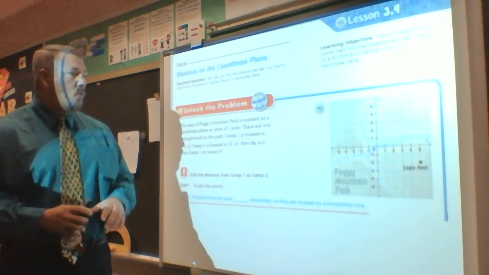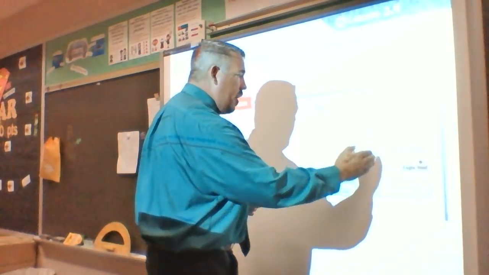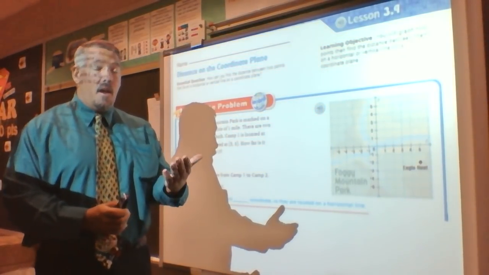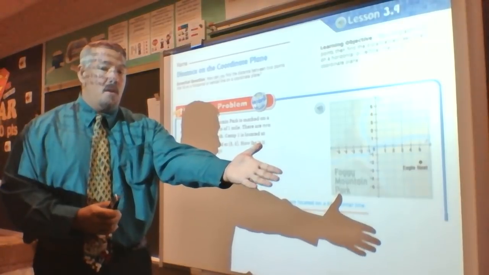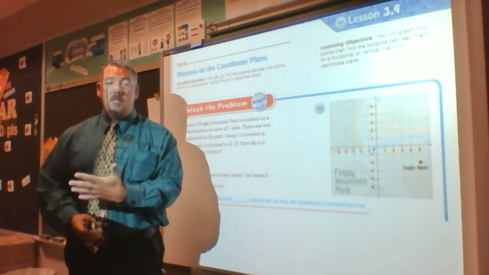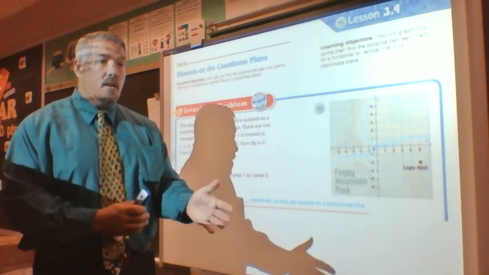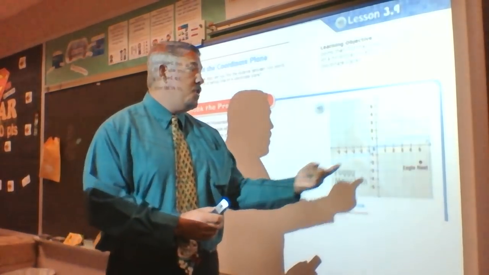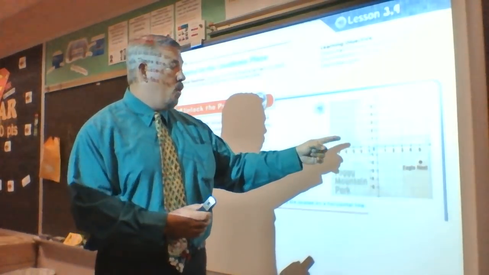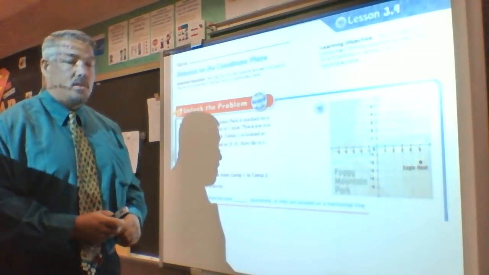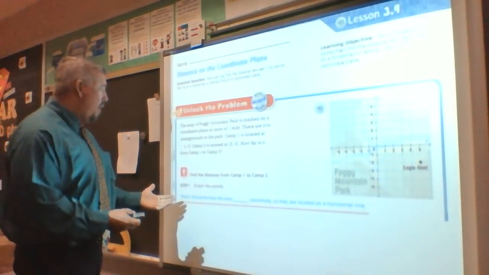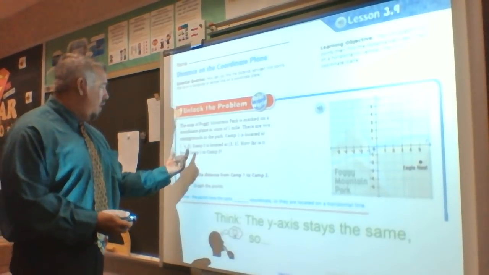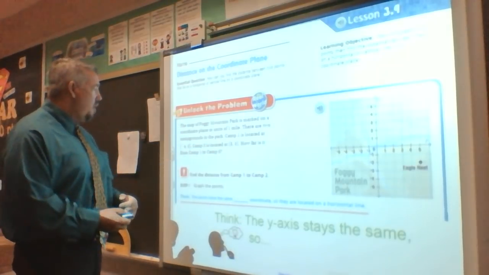So when I'm plotting, once again, I think about my coordinate plane. I remember that my first number is my x-axis. It tells me that I either run forward because it's a positive number, or I run backwards because it's a negative number. And then my second number in my ordered pair is my y-axis, and it tells me to either jump up because it's positive, or to jump down because it's negative. So when I look at my ordered pairs and I want to plot them, I'm also going to realize that I have 2 numbers that are the same.